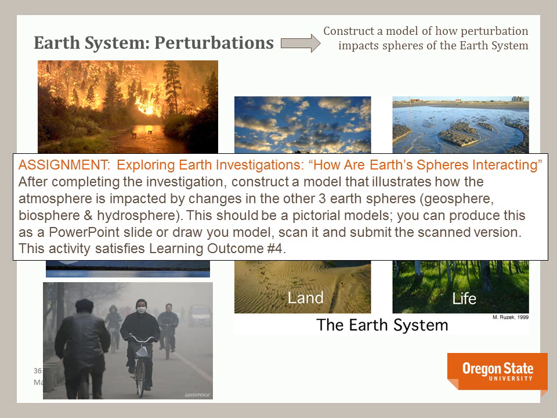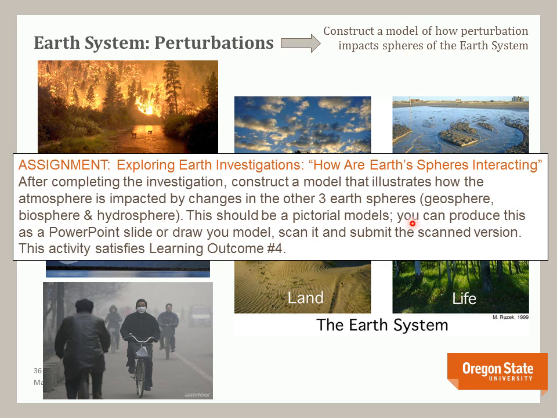So one of your assignments this week is the assignment Exploring Earth Investigations, How Are Earth Spheres Interacting? What I've asked you to do is, after completing the investigation, construct a model that illustrates how the atmosphere is impacted by changes in the three Earth spheres: geosphere, biosphere, and hydrosphere.